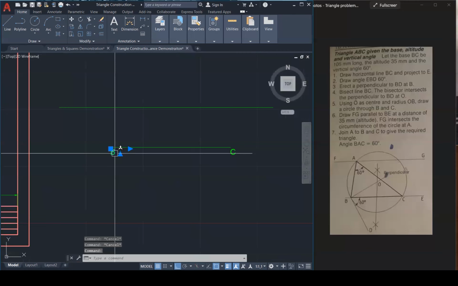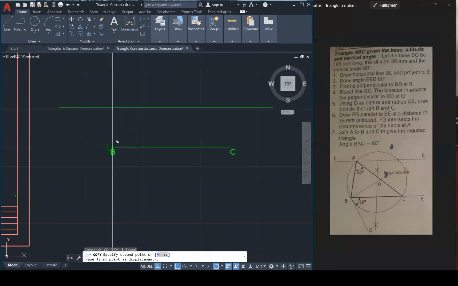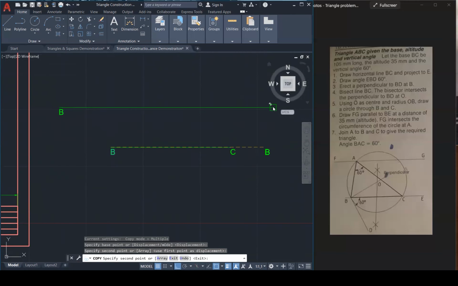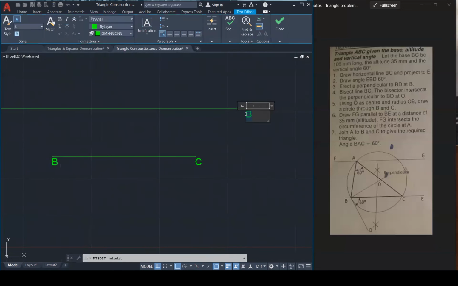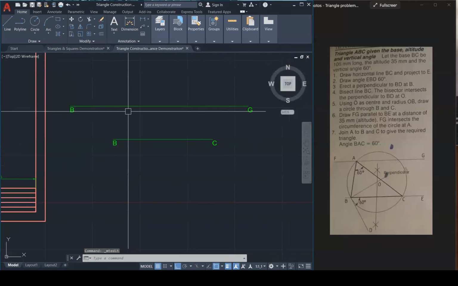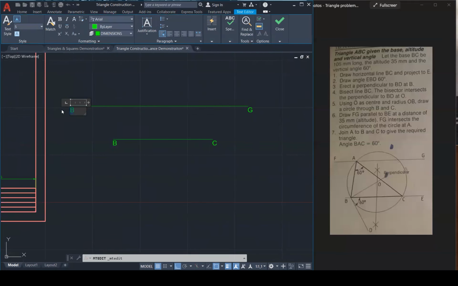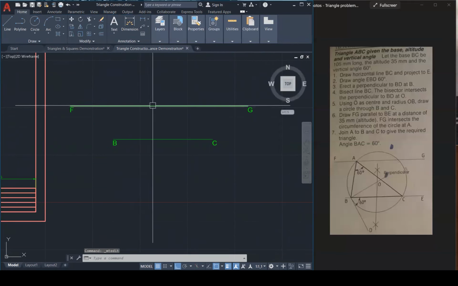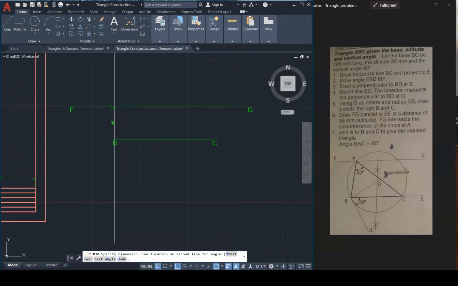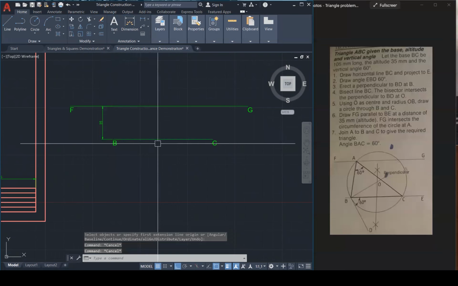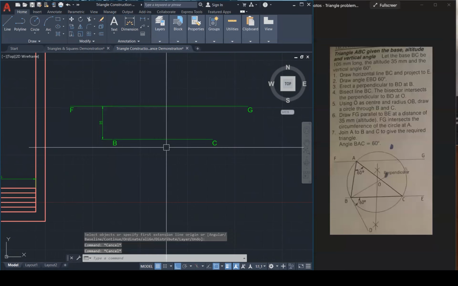And that line is called F and G, right? So we call that G, call that F. That is 35 mil, right? Let me just put that there. 35 mil up. Now, what do we need to do?